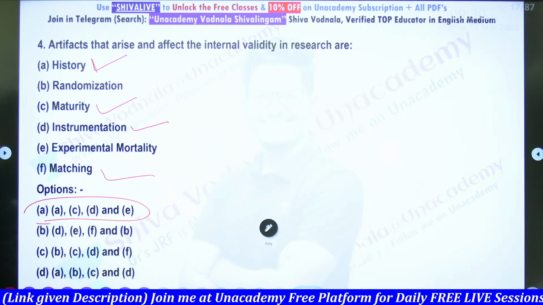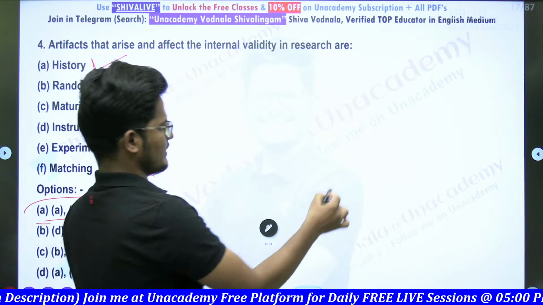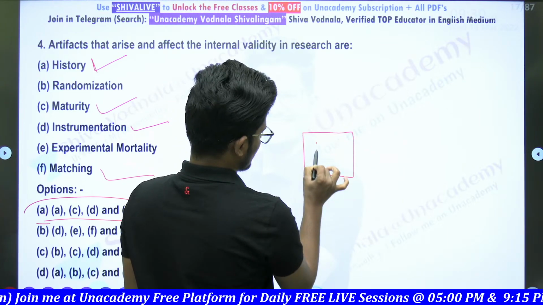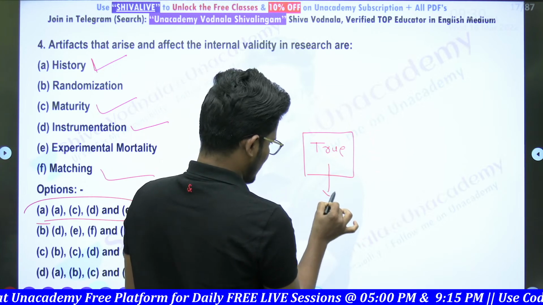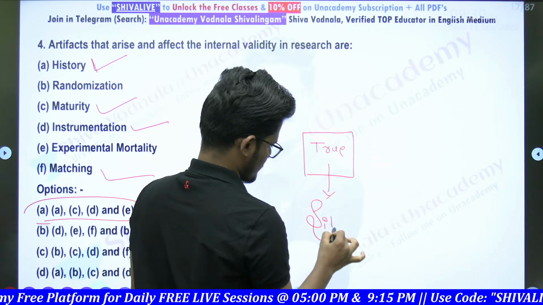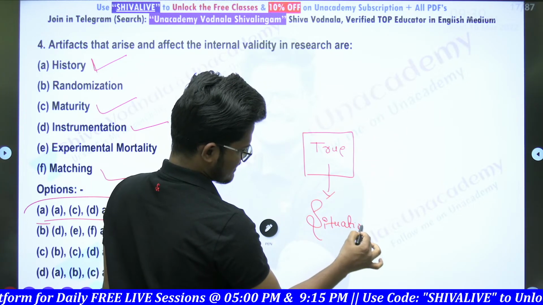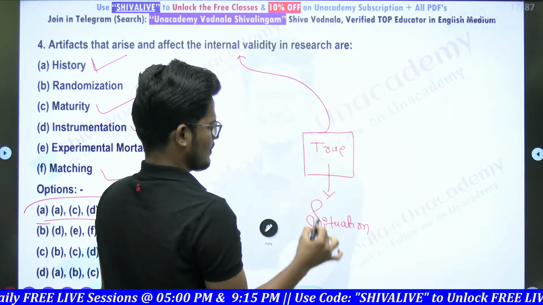Let me tell you what is internal validity. Internal validity is when something is true only for the existing situation. If something is only for this particular existing situation, that is internal validity.